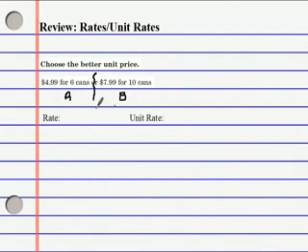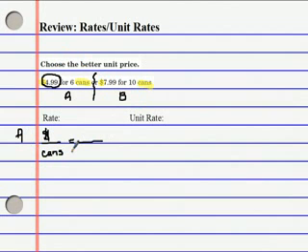as problem B. First, I'll write my rate, and to do that, I need my labels, and I can see I'm comparing dollars to cans. That's true in both problems, so I'm going to go ahead and highlight, save myself a little bit of work a little later. Okay, for situation A, I'm comparing dollars to the number of cans I can get.